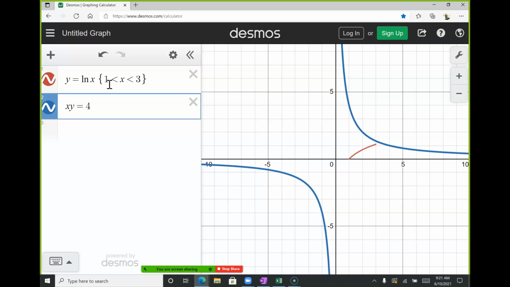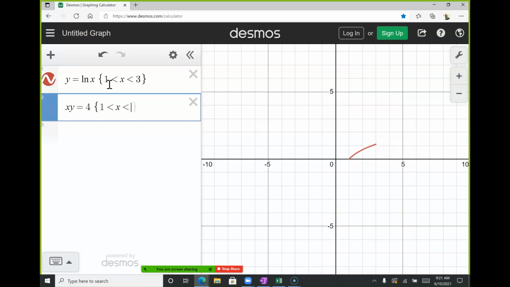From 1 is less than x, which is less than 3. Ah, okay, clear. I was confused because I thought they intersected. That's why. But I don't like to rely on my memory for the graphs. I'd rather graph it.